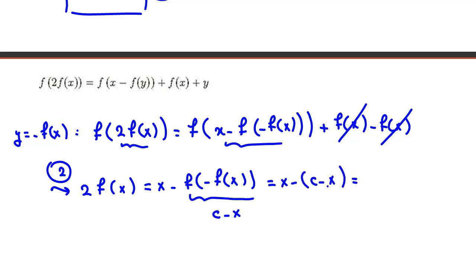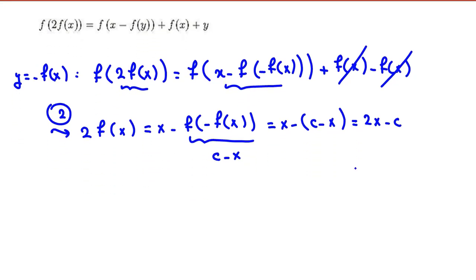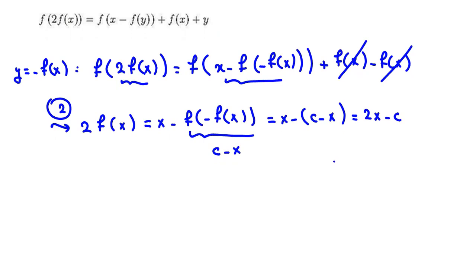So it will be x minus minus x, 2x minus c. Okay. Now here, we can divide both sides by 2. And we can say f of x is x minus c over 2. We can define c over 2 as, for example, k.